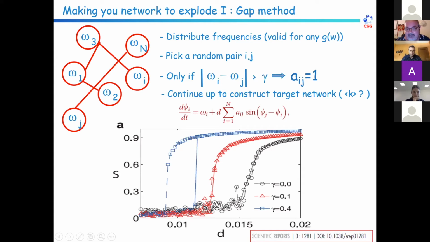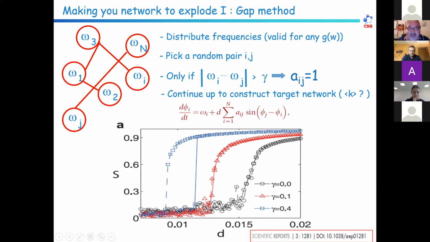You see, for gamma equal to 0, you have a continuous black line. Then if you increase gamma gradually, the transition becomes steeper and steeper, up to the point in which for gamma equal to 0.4, you get explosive synchronization.